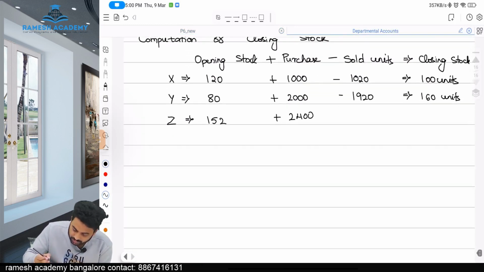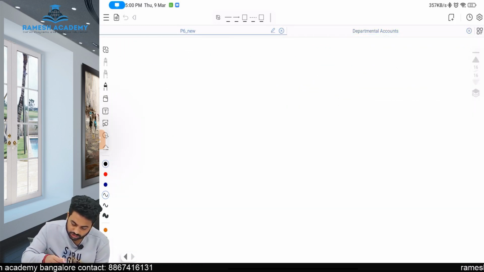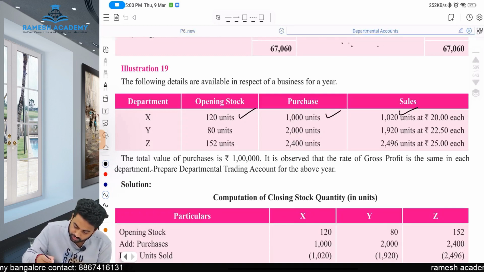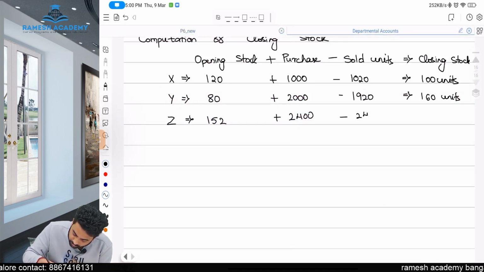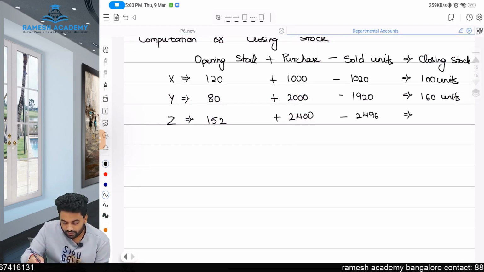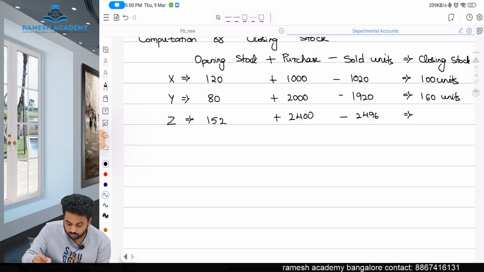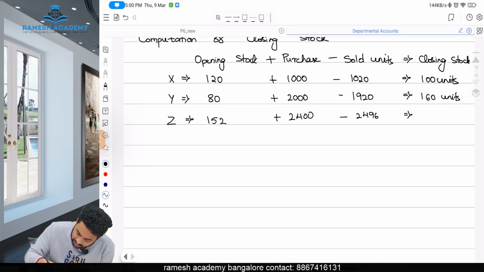How much is the sold units? Sold units is 2496. So basically 152 plus 2400 will come to 2552 minus 2496. So basically it is 552 minus 496, which is 56 units.